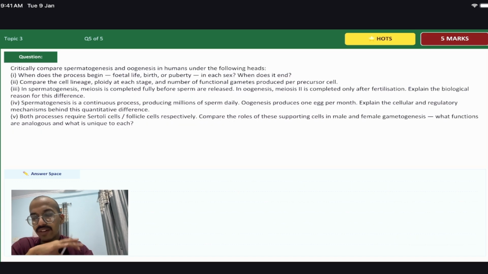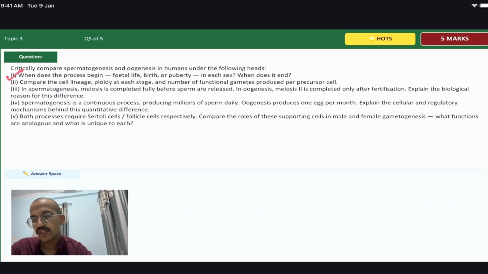Critically compare spermatogenesis and oogenesis in humans under the following heads. When does the process begin? Fetal life, birth or puberty in each sex, and when does it end? In males, it starts at puberty, okay, and it keeps on going throughout life. In females, it starts at the fetal age and goes till adulthood, okay, one every month.